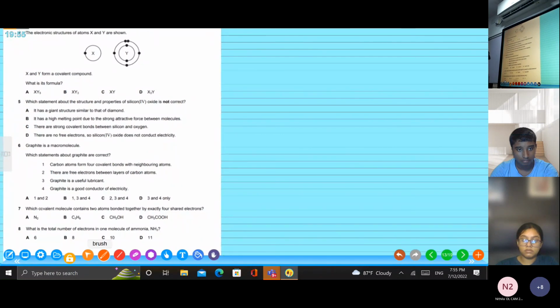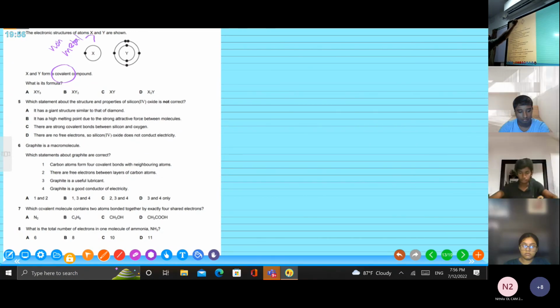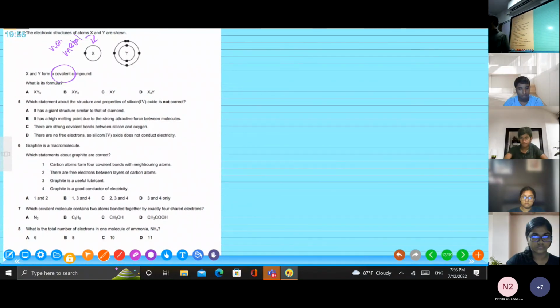All right, so very similar question we discussed that day as well in the first revision, number 3. Now X and Y form a covalent compound. If that is a covalent compound, X has to be a non-metal, and it can be only one non-metal. Having 1 electron in the last shell, there's only one non-metal, that is hydrogen.